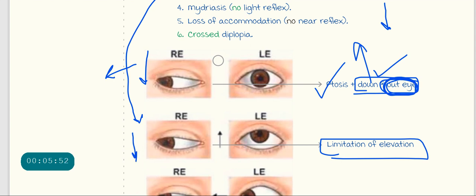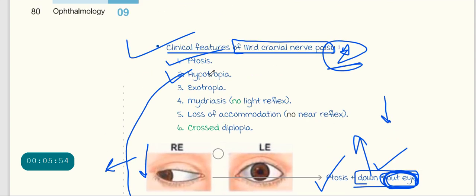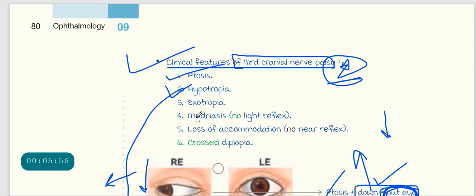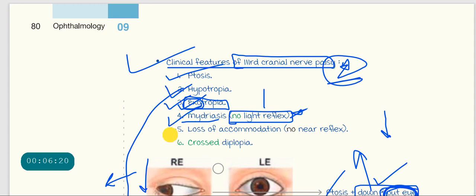Then comes another clinical feature, that is exotropia. The name itself tells us exo means the eye will be turned out. Okay, so there would be an outward deviation seen over here. Now mydriasis, and there would be no light reflexes. Okay, there would be no light reflexes with mydriasis. Now there would be loss of accommodation, and no near reflexes would be seen.